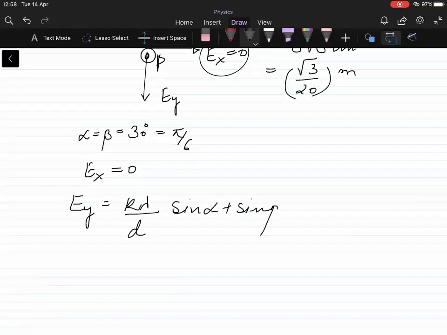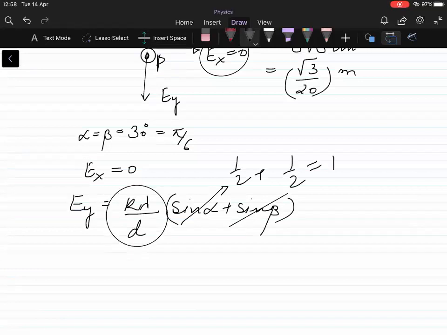You remember we have done this derivation yesterday. So when you put the value of sine alpha and sine beta as half and half, and you add them up, you will get 1. That means the value of Ey is only k lambda by d.